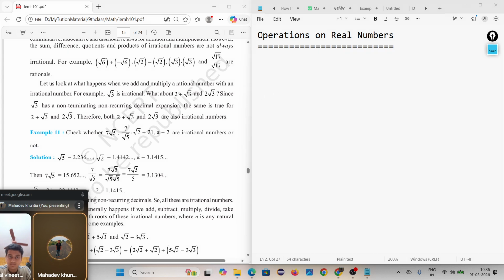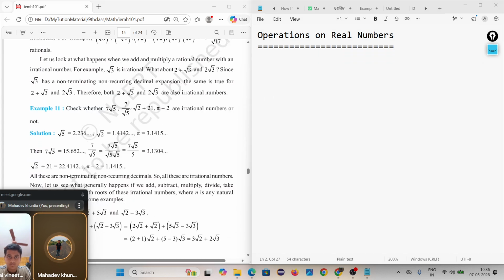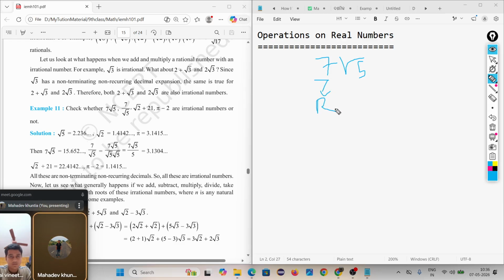Then look, based on this property, check whether 7 root 5 is rational or irrational. Look, 7 is a rational number. Yes, sir. You multiply with irrational, your answer will be how much? Irrational. Your book is doing it by putting the root 5 value. That means 7 into root 5 value, which is 2.236 dot dot dot.